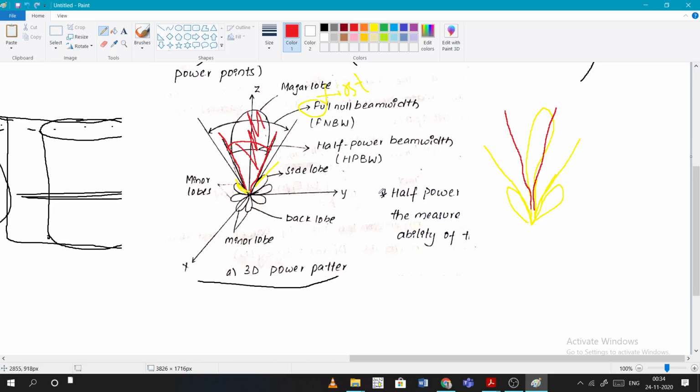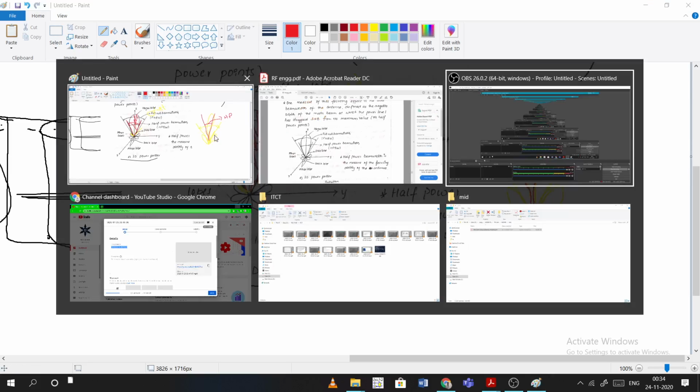The angle made by these yellow lines is called the first null beam width, and the angle made by these red lines is called the half power beam width. That's it.